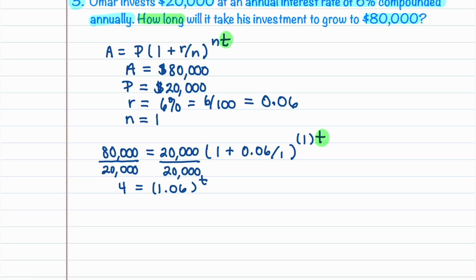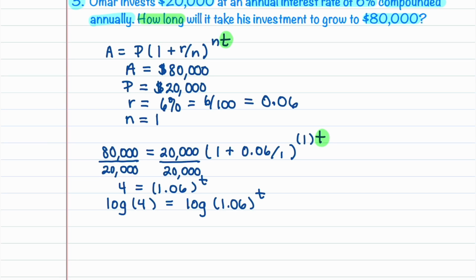To solve for t, we are going to have to use logarithms. I have a video on this if you need to review that concept. We can use the common log or we can use the natural log. I'm just going to use the common log, and I'm going to take the common log of both sides. The common log is just the log of base 10, and we just write it as log. So we're going to take the log of 4, and then the log of 1.06 to the t.